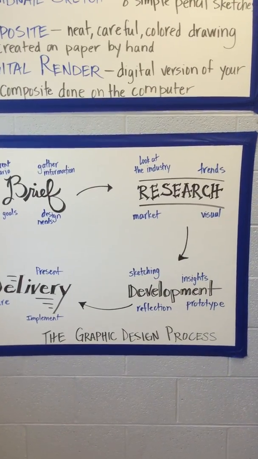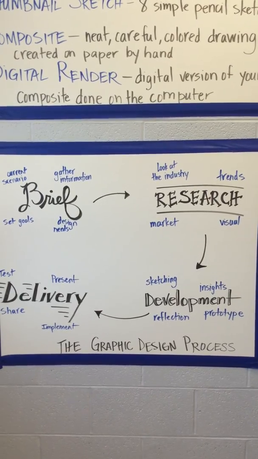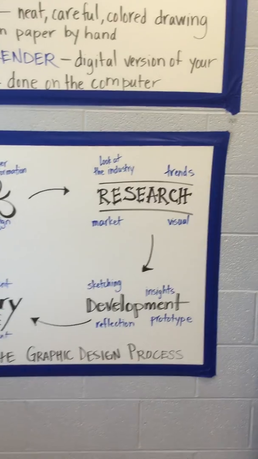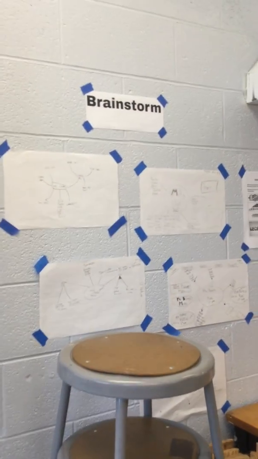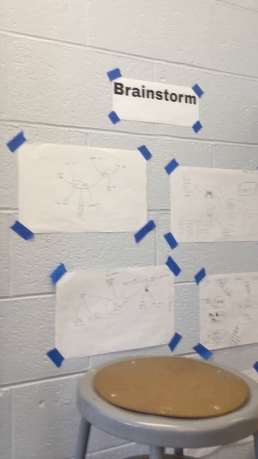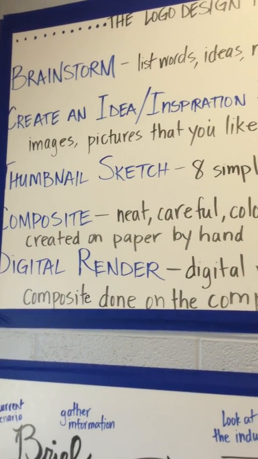So we talk about how design has multiple applications, whether it's visual or you're actually coming up with a tool, or you have a broken shoelace, and how do you solve the problem? So the design process moves from the poster into sort of a big vocabulary student work display wall.